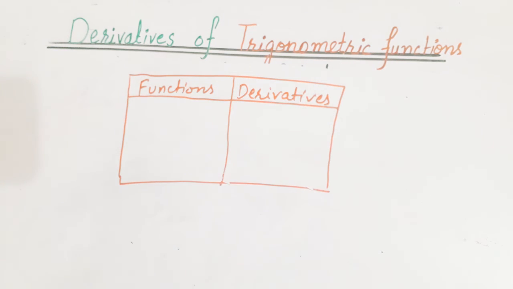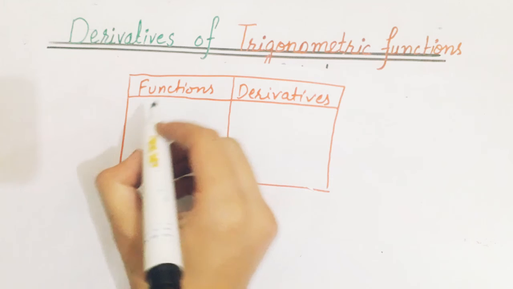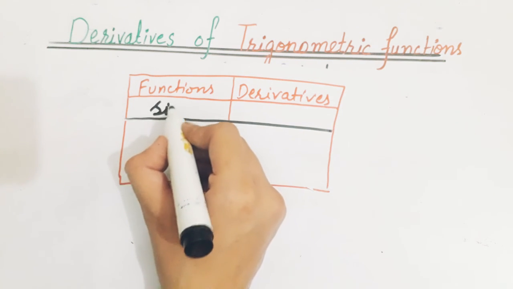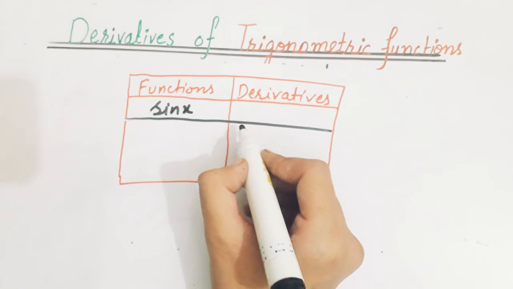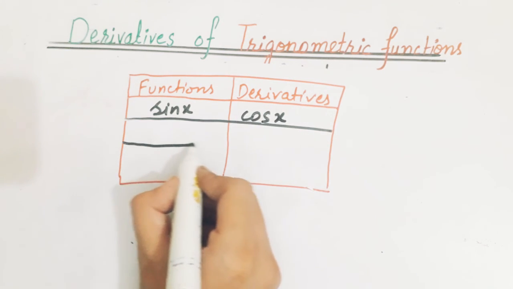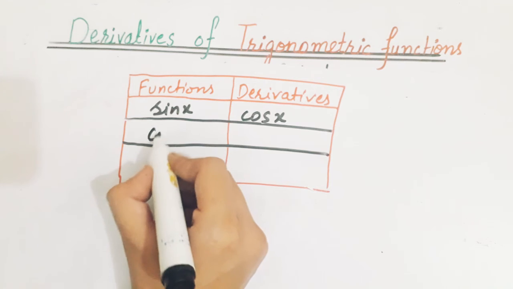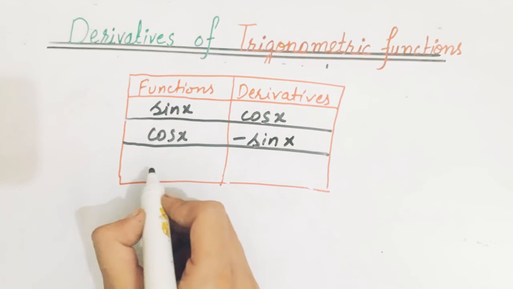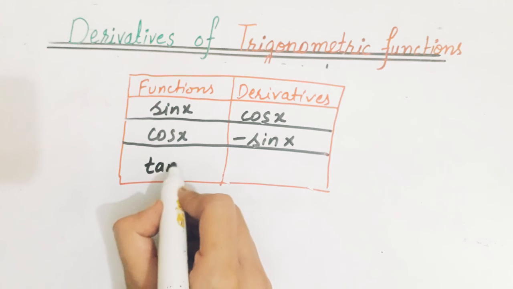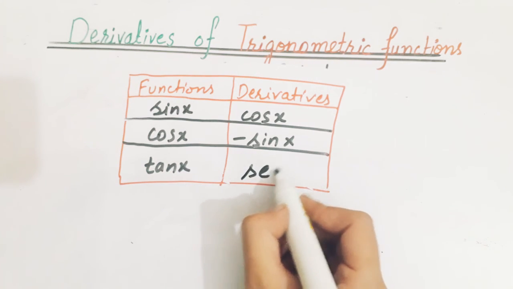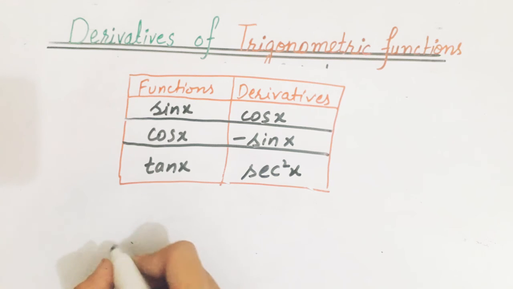The first function is sin x, and the derivative of sin x we have studied is cos x, the derivative of cos x is the negative of sin x, and the derivative of tan x is secant square x.